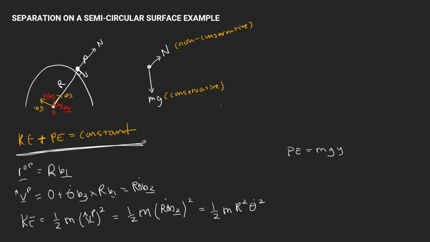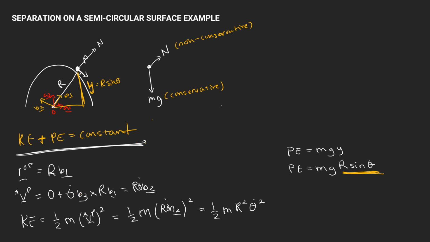And so here, this is going to equal mg r sine of theta. And again, that's because ultimately this height, or this y variable here, is equal to this length, which is equal to r sine theta. Hence that being put here.